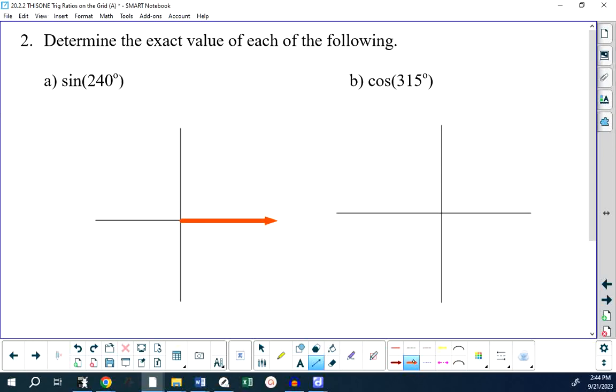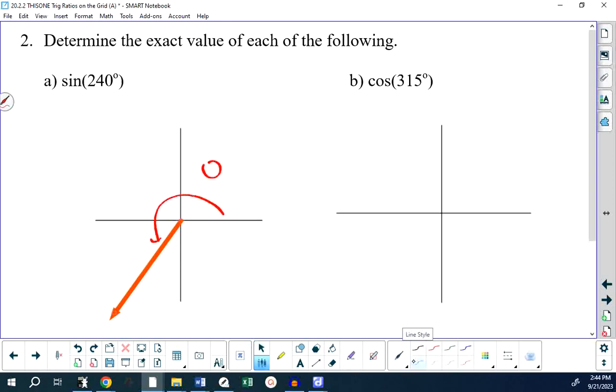I was forming this sketch in my head. And I know that 240 degrees is a reference angle of 60 degrees.